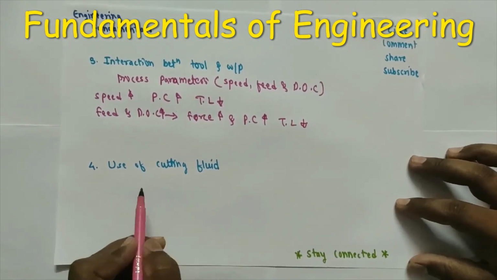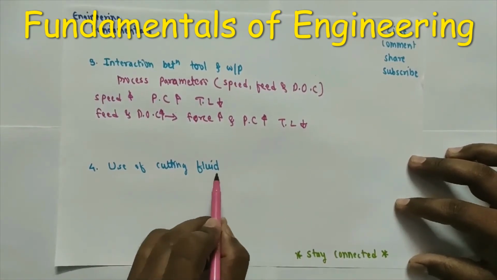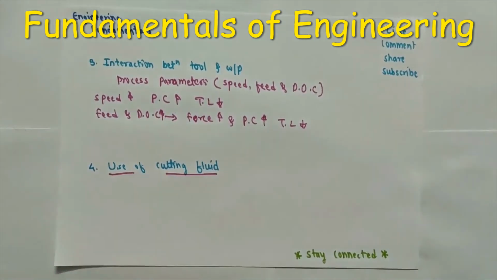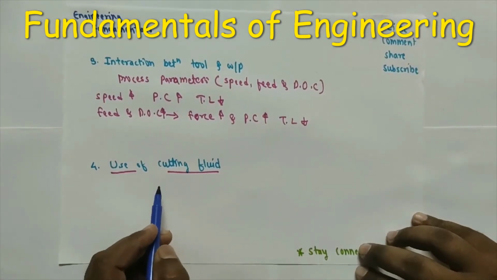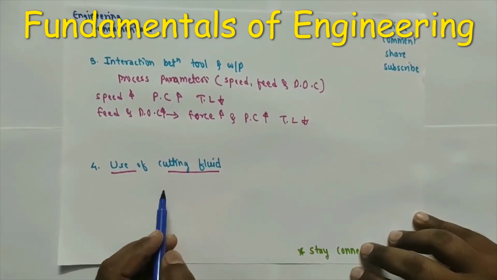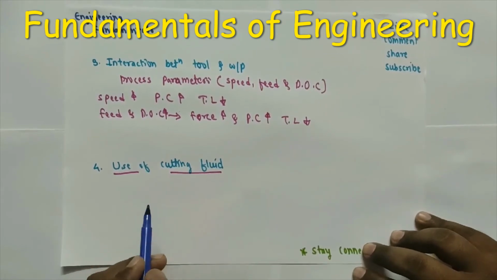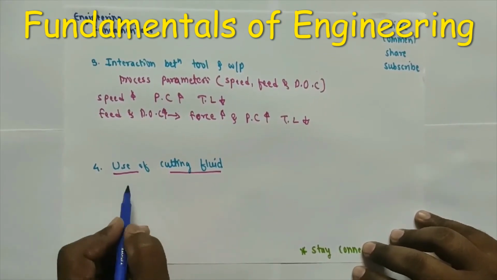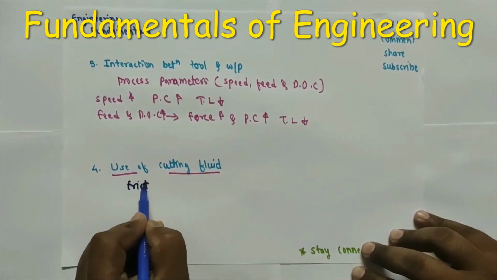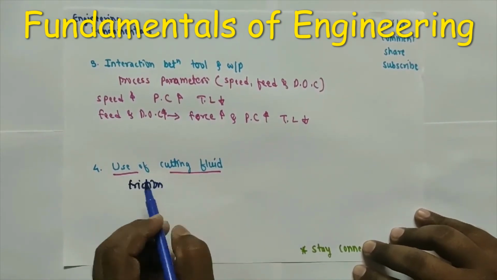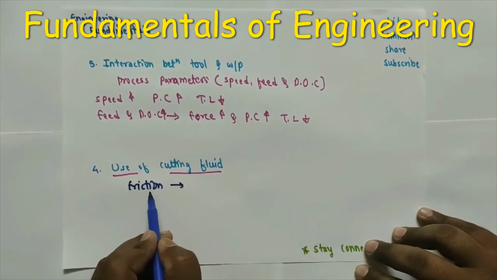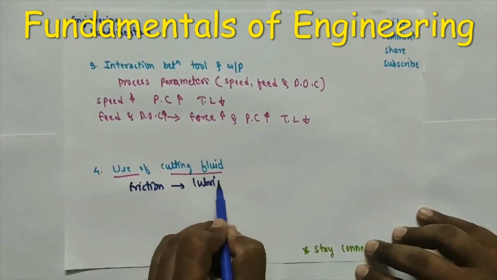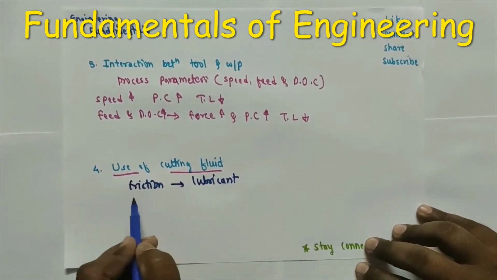Then the last factor is cutting fluid. The cutting fluid acts as a lubricant in the friction zone. Whenever we are doing the machining operation, in the contact between the workpiece and the tool, there is generation of friction due to the forces, and this cutting fluid acts as a lubricant in this friction zone.